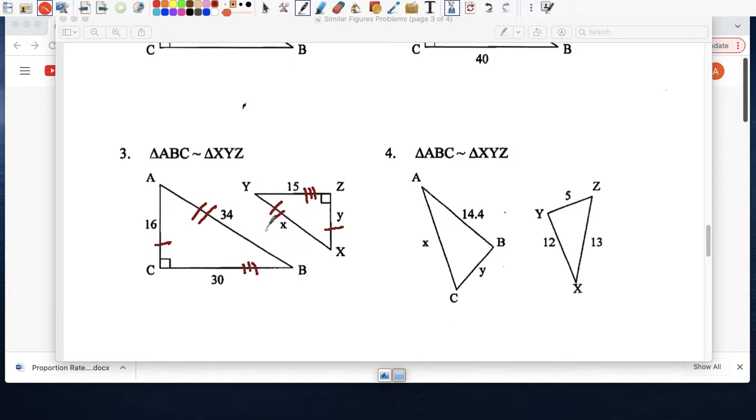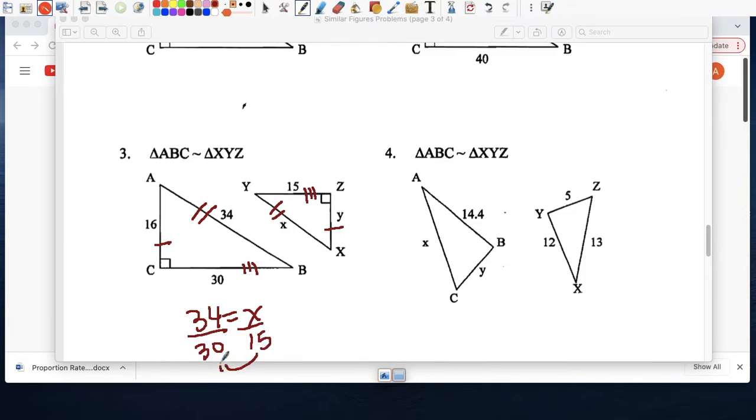So let's go 34 corresponds with x, as 16 corresponds to, well, actually I picked the wrong one. I shouldn't use 16, I should use 30 corresponds to 15. This way I only have one unknown.